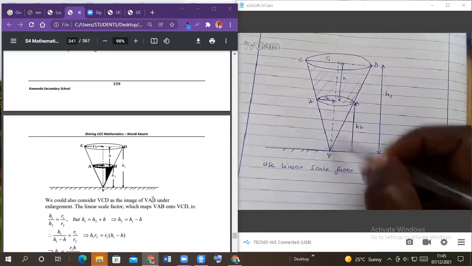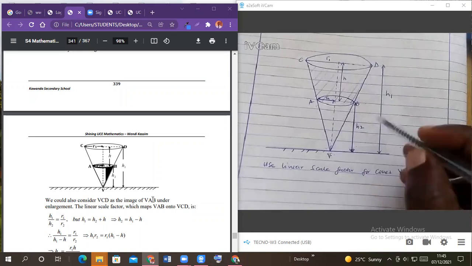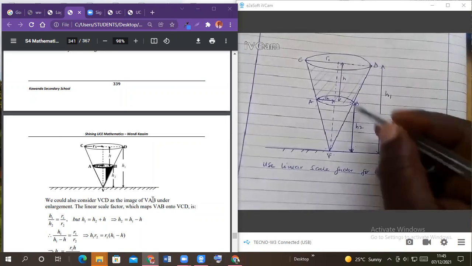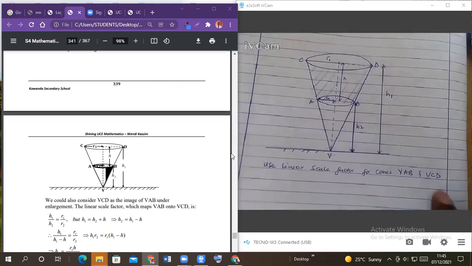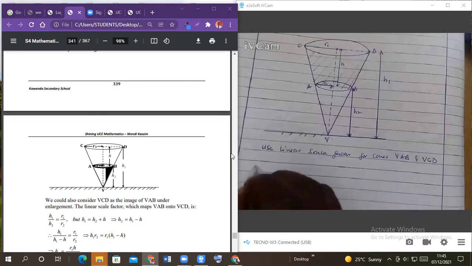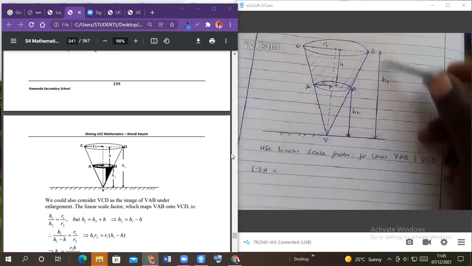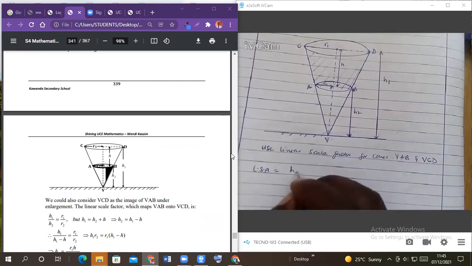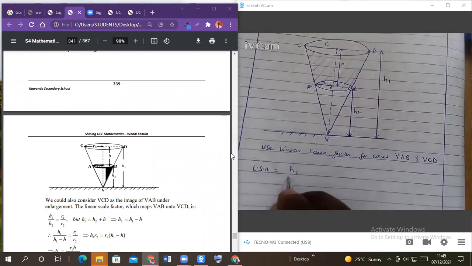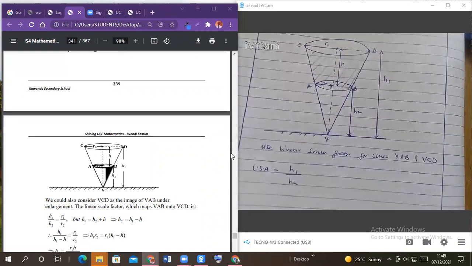That means VCD is the image. So the height of the image over the height of the object gives the linear scale factor. Linear scale factor can be obtained in different ways. You can consider the heights alone: the height of the image, H1, which is big, over the height of the object, H2.